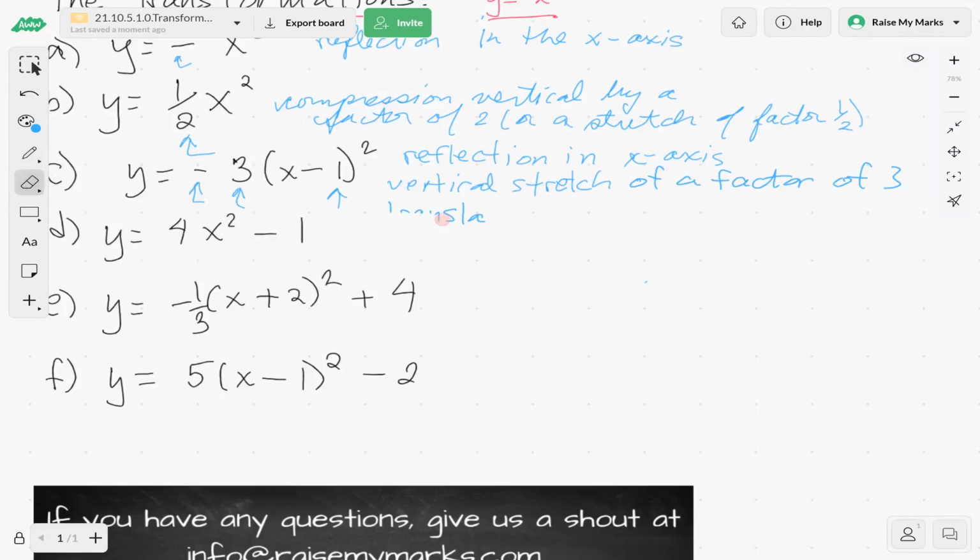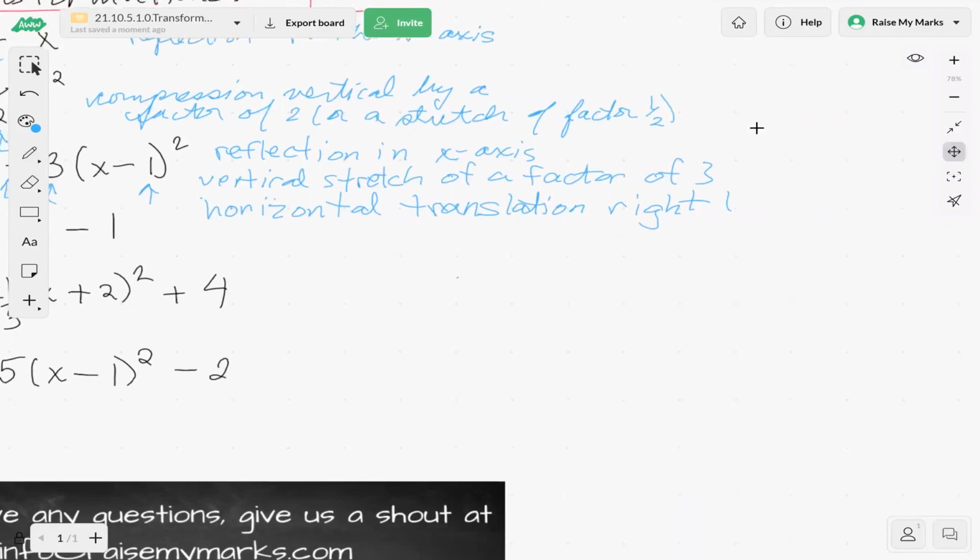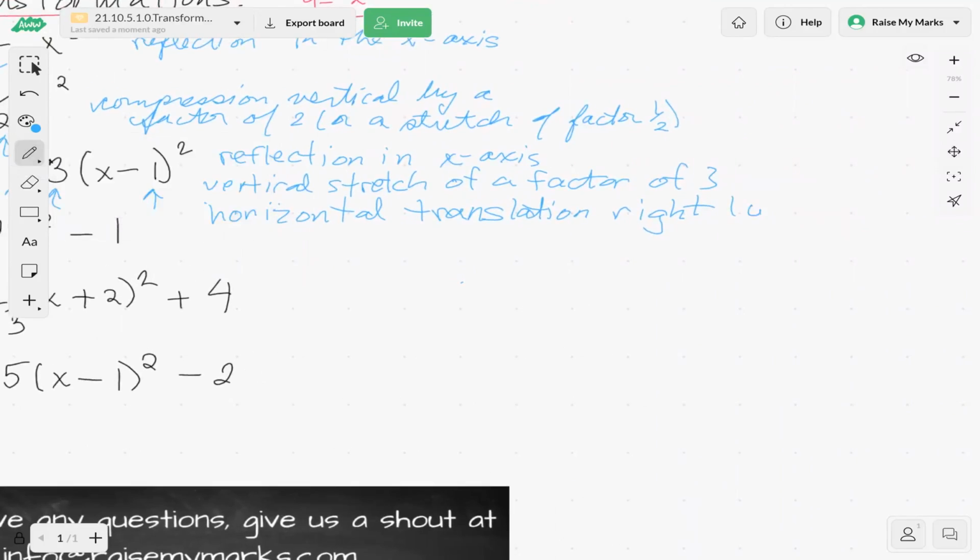Translation can be up and down, vertical, or horizontal, so let's be more specific: horizontal translation, right 1 unit.